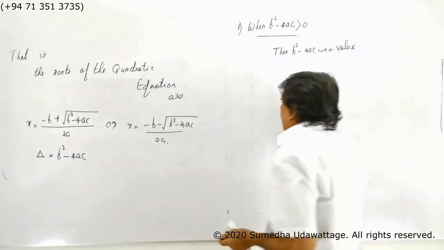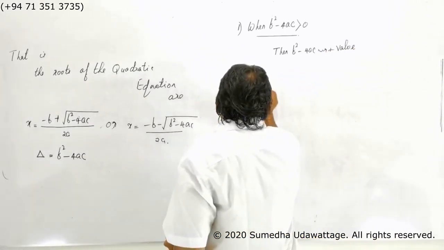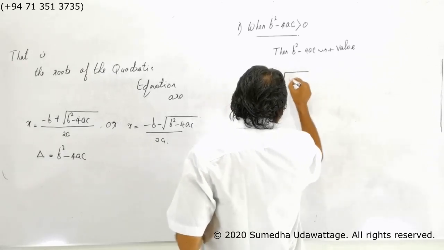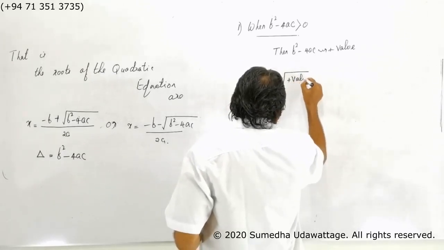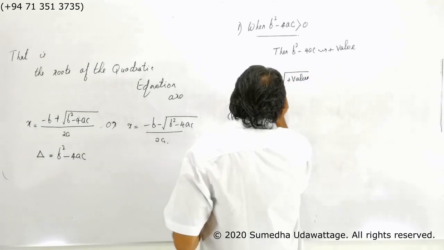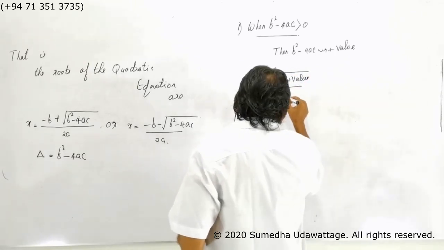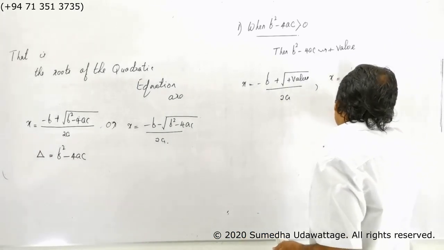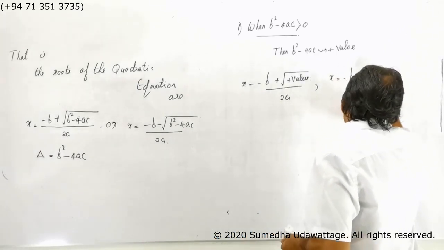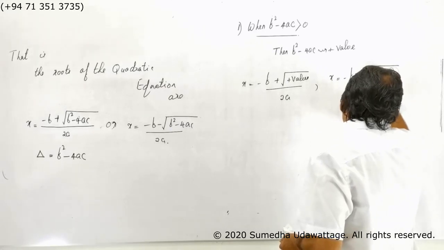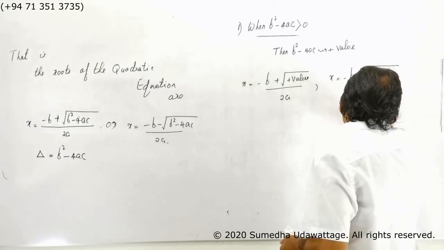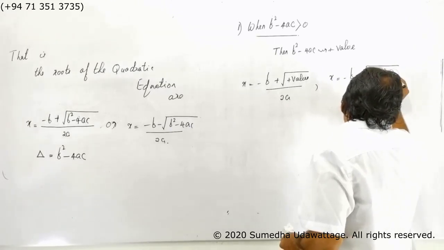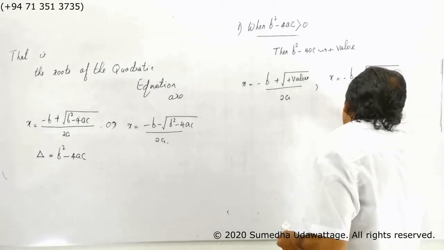Then the roots become x is equal to minus b plus the square root of a plus value, divided by 2a, and x is equal to minus b minus the square root of b square minus 4ac, a plus value, divided by 2a.